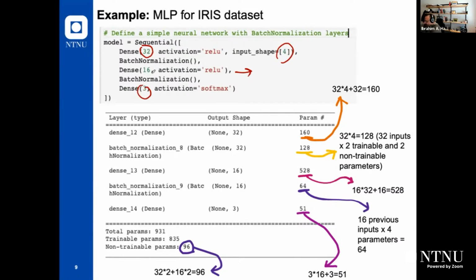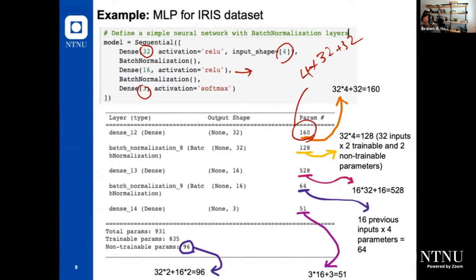If we calculate the number of parameters here, for the first hidden layer the number of parameters will be 160, which is 4 times 32 plus 32, right? So this 160 is 4 inputs multiplied by 32, plus 32. This is the first dense layer.